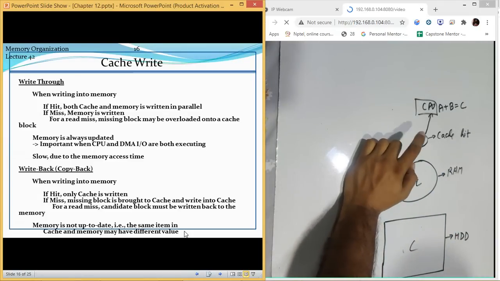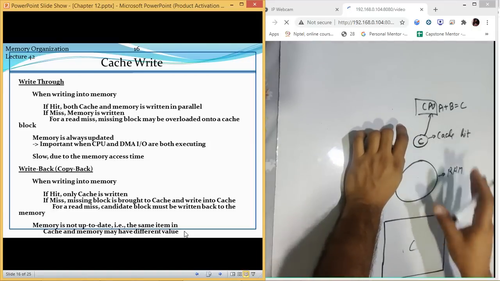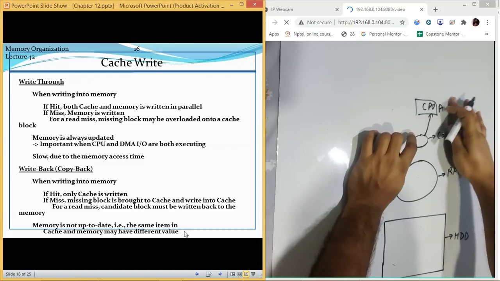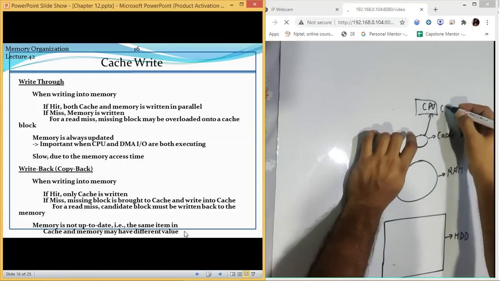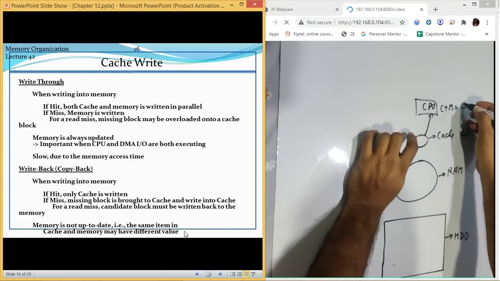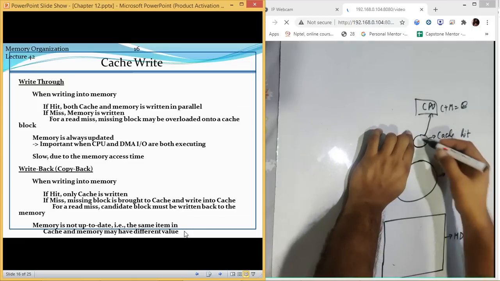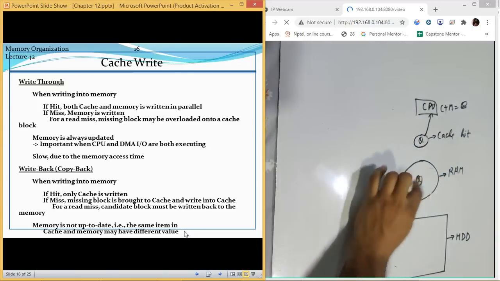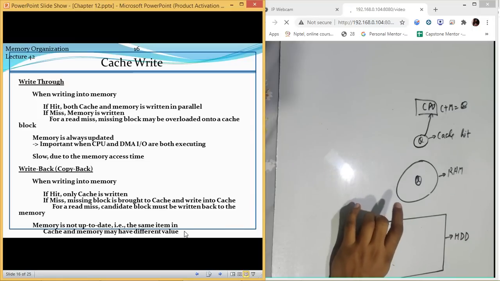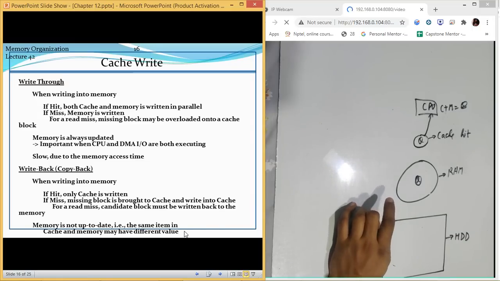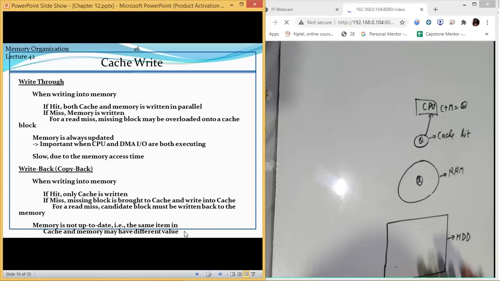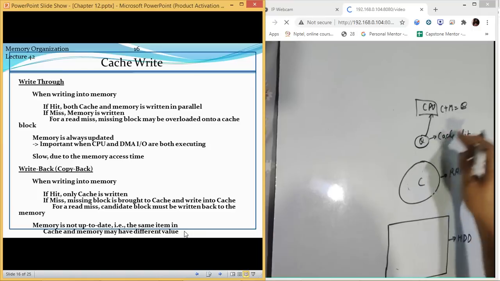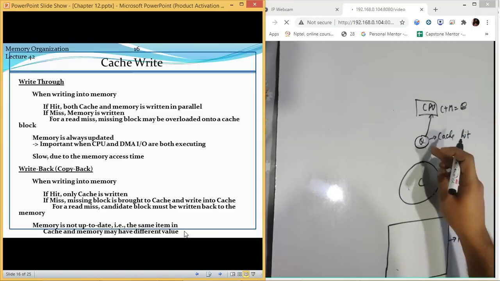Whereas in the case of write through, whatever value is updated, like if C is updated now, C plus N is now Q, cache will be written as well as RAM. Both will be written at the same time. But in the case of write back, you might find the data at this place and it was updated, but we are not replacing this value.